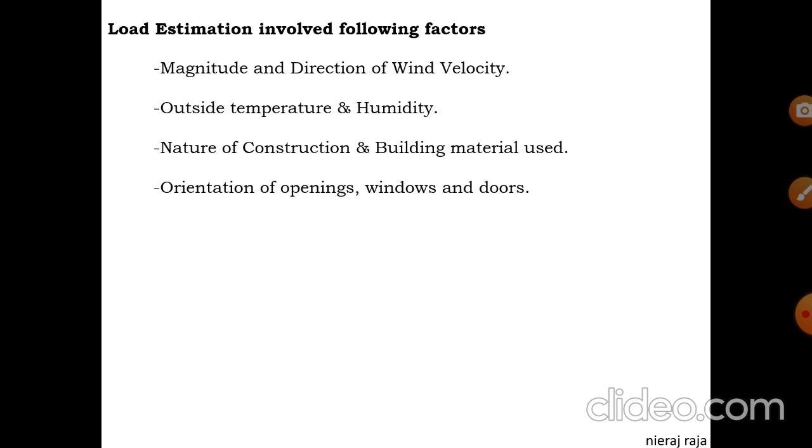It's not that the window should be exactly opposite and parallel to the door. According to the flow of air, you have to arrange the openings diagonally, so that from one corner the air enters, and from the diagonal corner the air is removed.